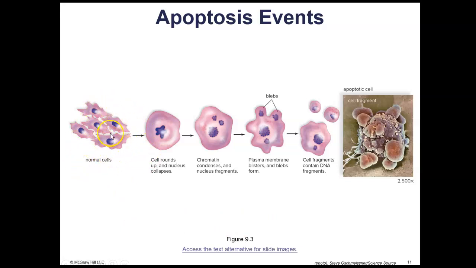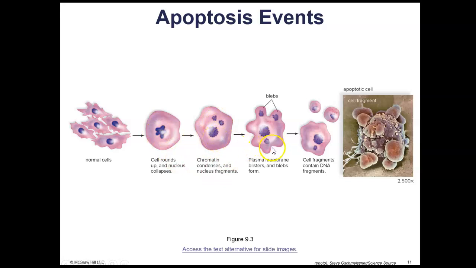If these are normal cells here on the left, and a cell is going to undergo programmed cell death, or apoptosis, it will first become rounded, kind of blow up, and the nucleus will begin to collapse. It forms bulges. Then you will see the nucleus breaking down further.